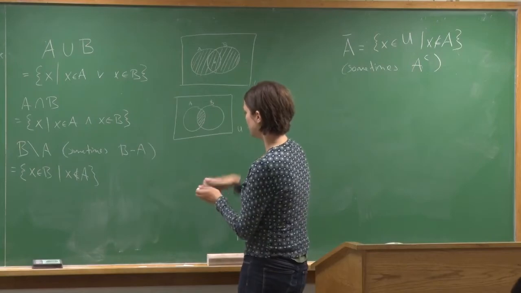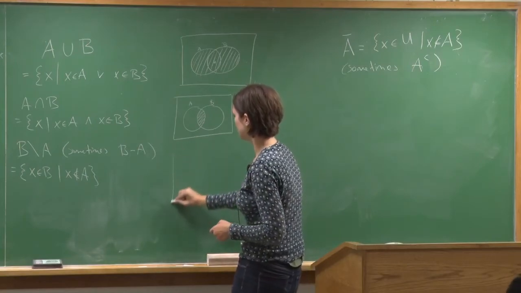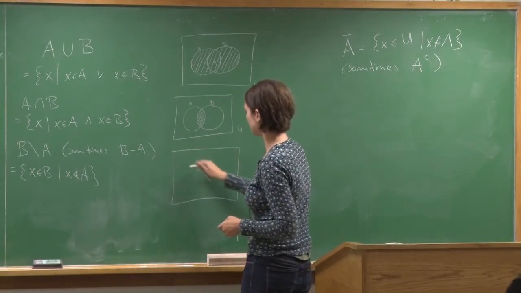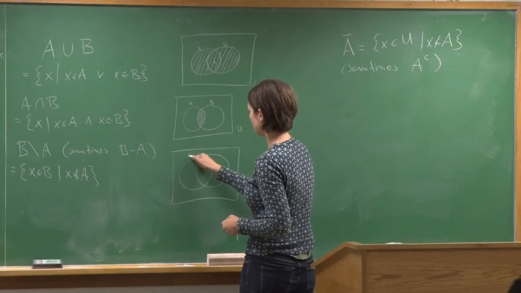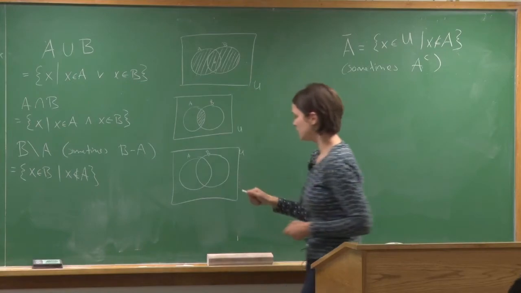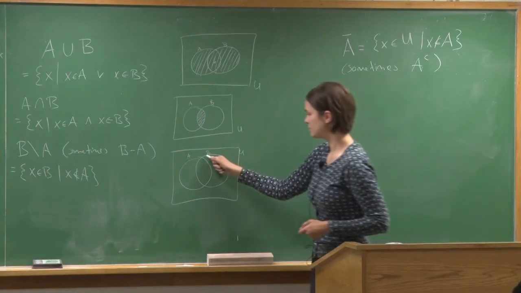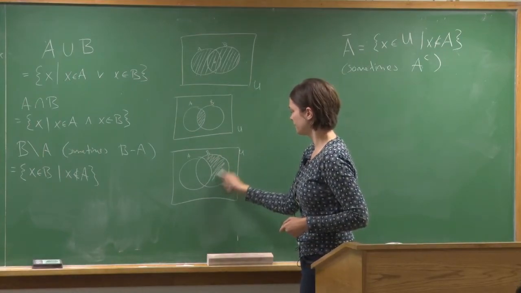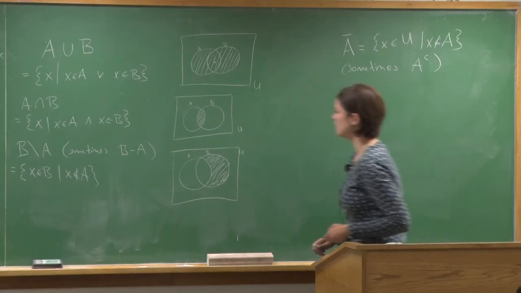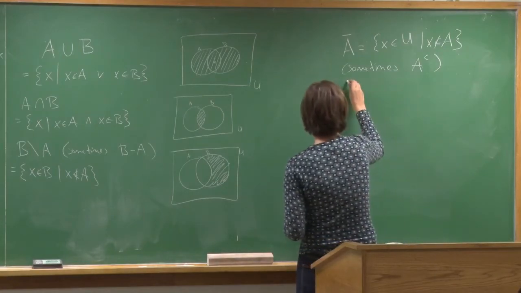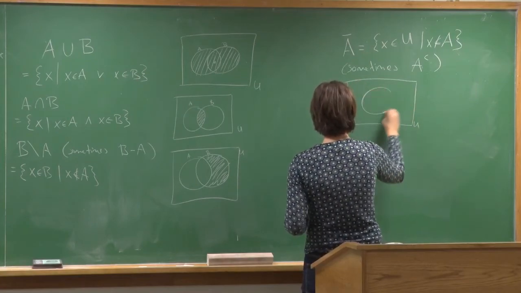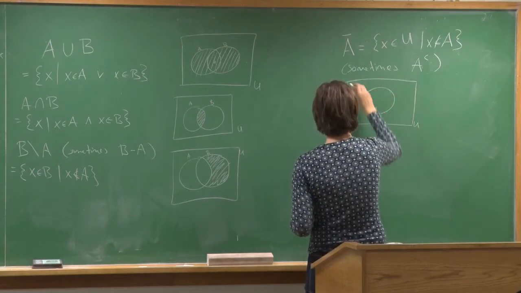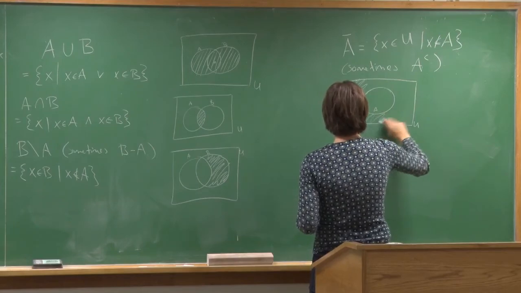Set difference. So we said B minus A, so it's going to be this side. And then for this one, we only need one set. And that's everything that's outside the set.